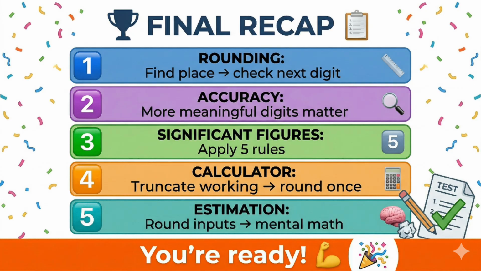Calculator work. Truncate for your working steps and round your final answer once to the required significant figures. 5. Estimation. Round all the numbers to 1 or 2 significant figures and do easy mental math. If you understand these 5 things, you're ready to tackle any approximation or estimation question.